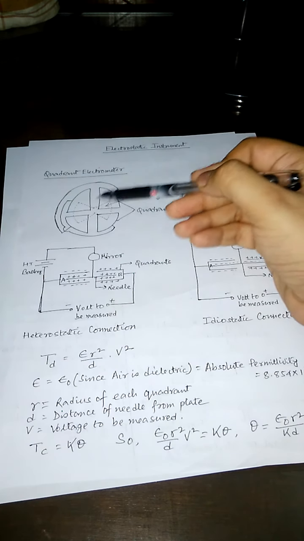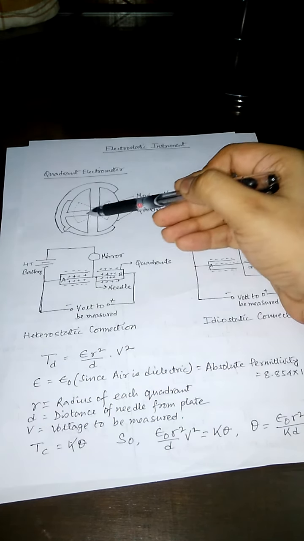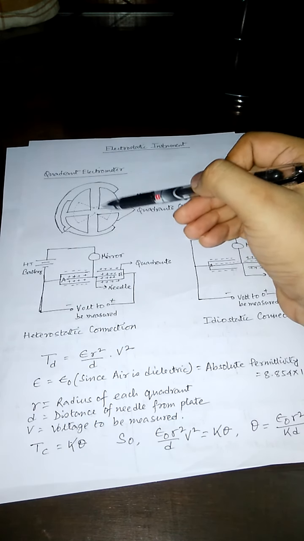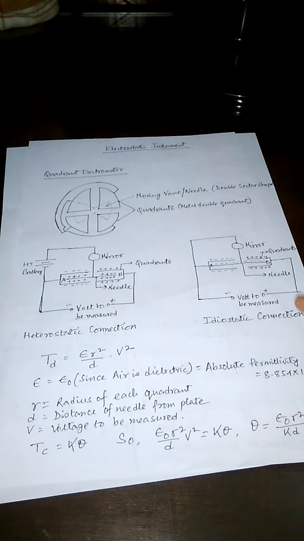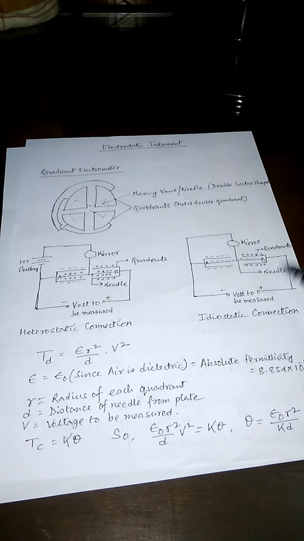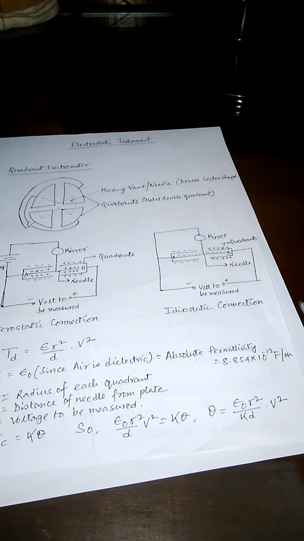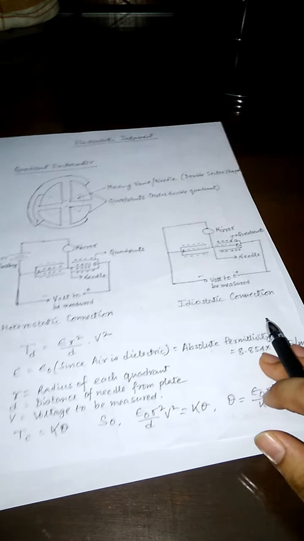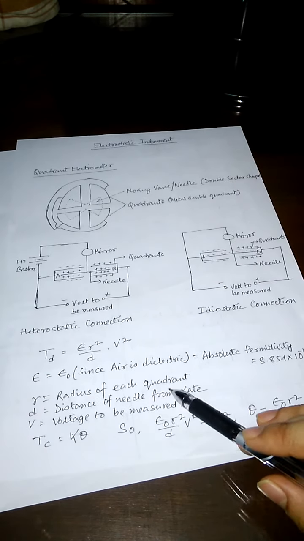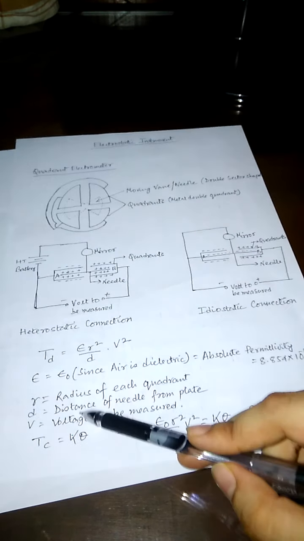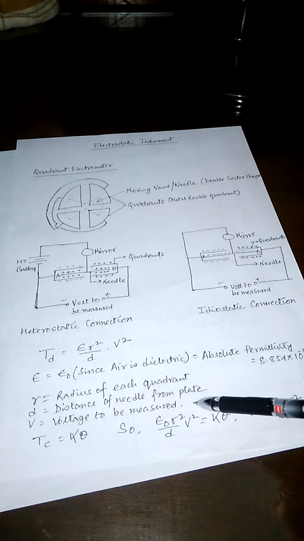Between these fixed quadrants there are some air gaps, so we have to consider the absolute permittivity, which is 8.854 into 10 to the power minus 12, and r is the radius of each quadrant, and d is the distance of the needle from the plate.